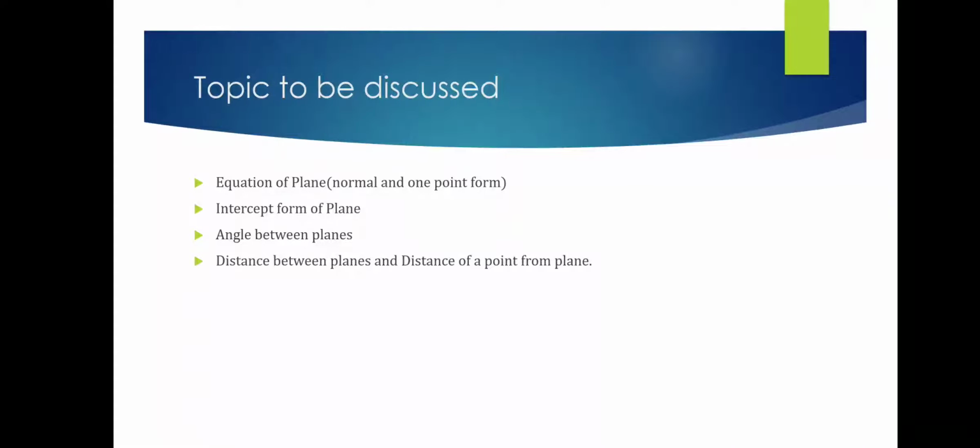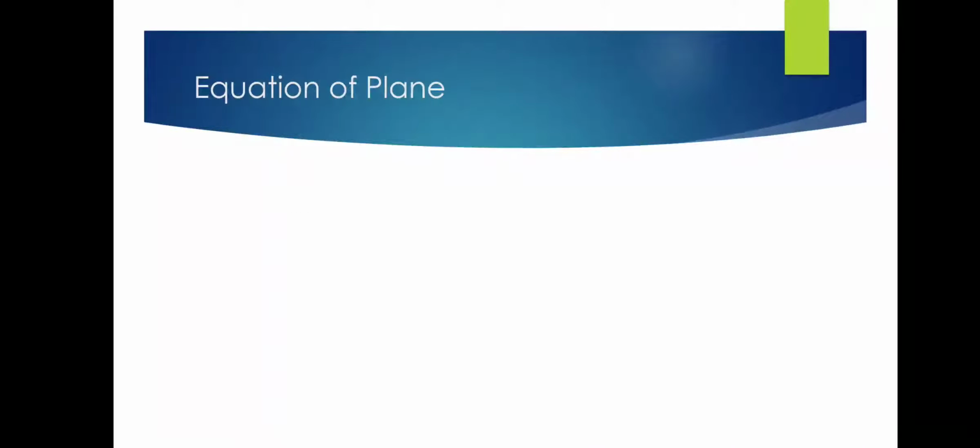Fine. Now, to start off with equation of plane. If I know the direction ratio of the normals to a plane, and if that be a, b, and c, then equation of a plane is given by ax plus by plus cz plus d equals to 0.